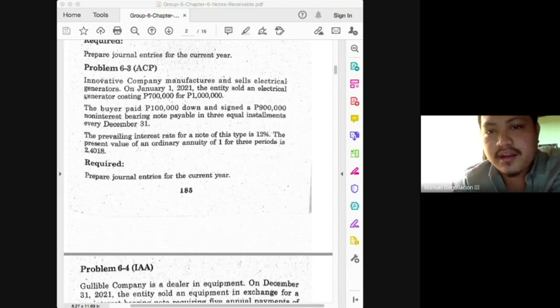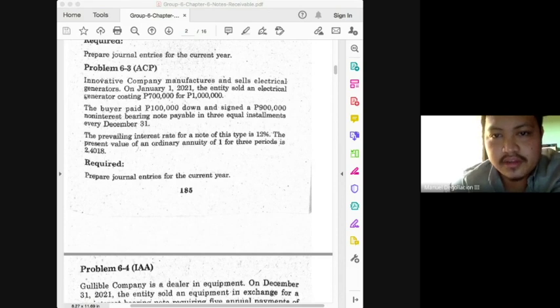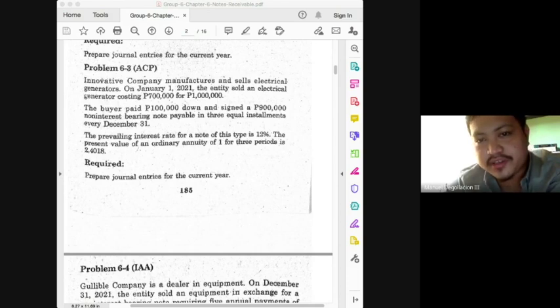So the remaining interest that is not yet earned, that we will earn in the next 2 years, would be 92,995. Okay, I hope you have the same figure, class. So if you are asked, although not as common as the other questions I have mentioned, how much is your unearned interest income as of December 31, 2021, our answer would be 92,995. And these 92,995 would be earned in the next 2 years, class.